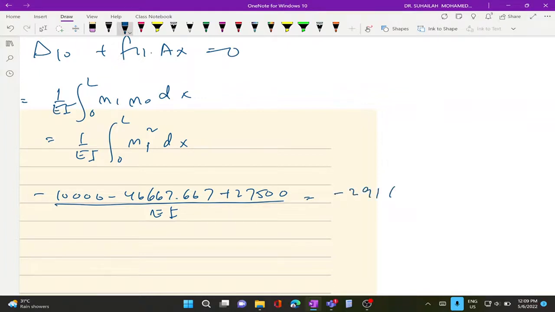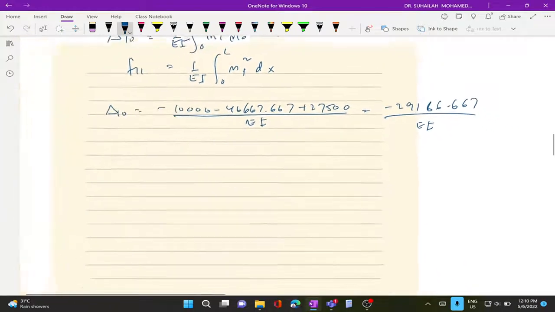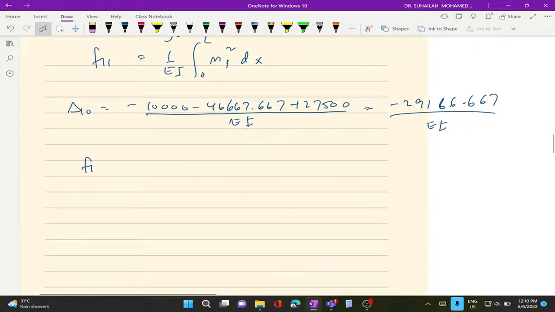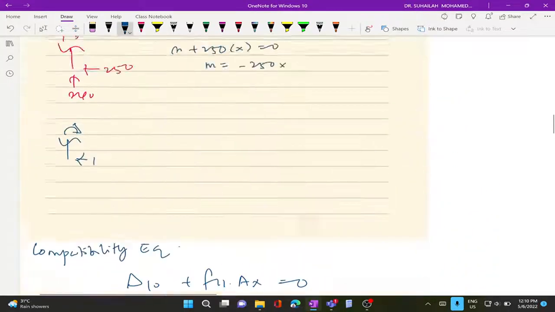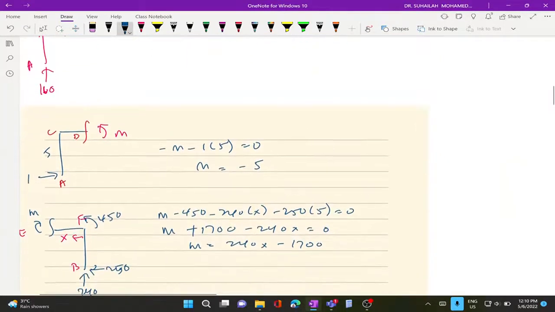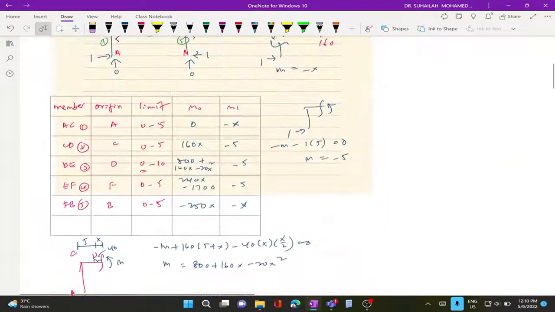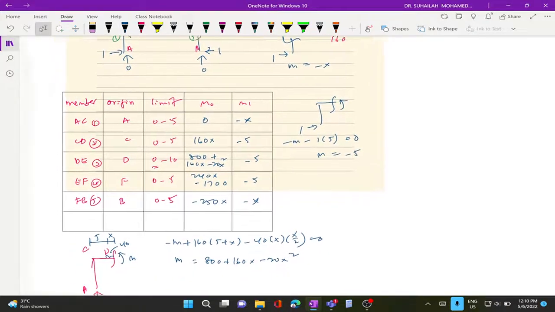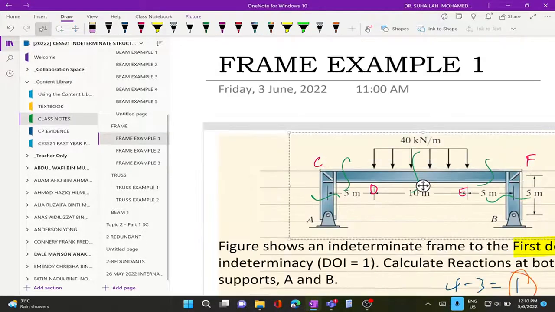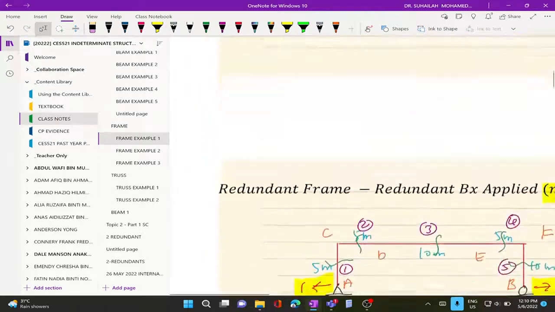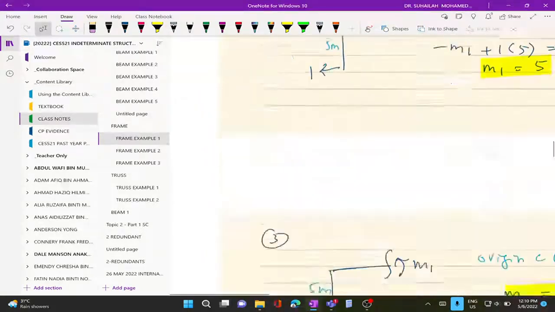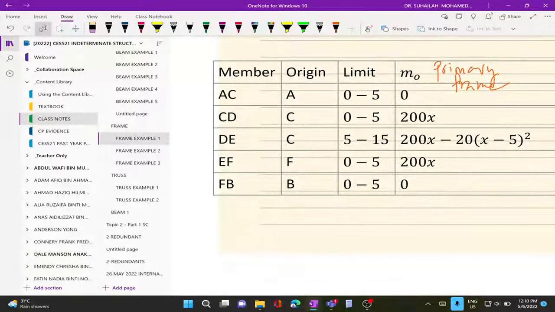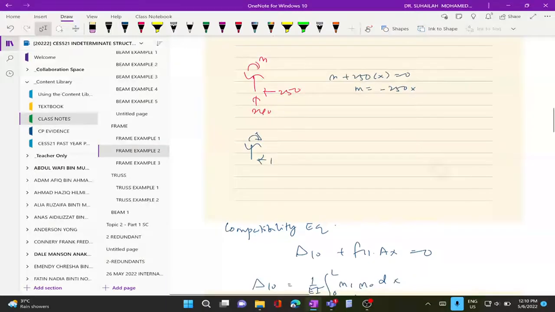And F11, I think, is equal to the previous one. Not exactly, because DE is different, so we have to key in the value into the calculator.